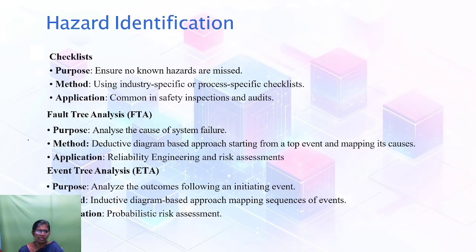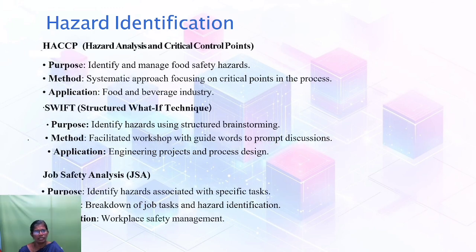Event tree analysis is also a diagrammatic method. Here the events are listed in a tree-like diagram. The consequences of all the events one by one are found out and analyzed. This is a probabilistic risk assessment which finds application in nuclear power plant industries.